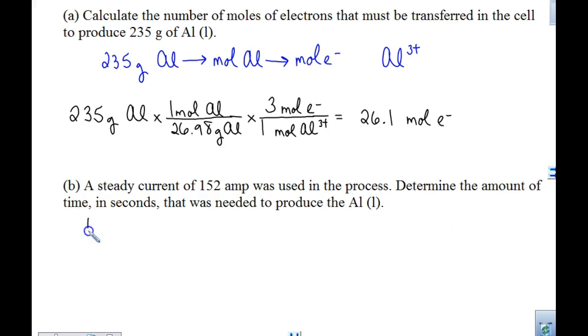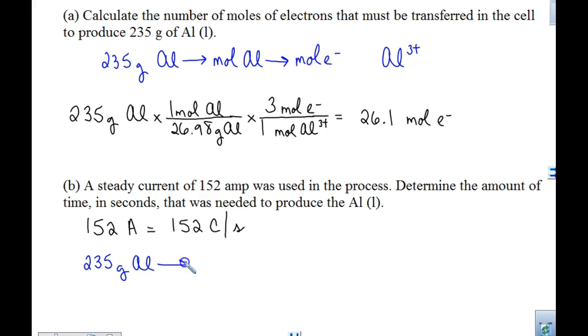Okay, one of the big things that you need to remember, an ampere, which is what they're shortening to amp, is the same thing as the number of coulombs per second. And you can use that as a conversion factor. So when we set this one up, I'm going to give you my plan of attack. I'm going to start from that mass of aluminum again, from 235 grams of aluminum.